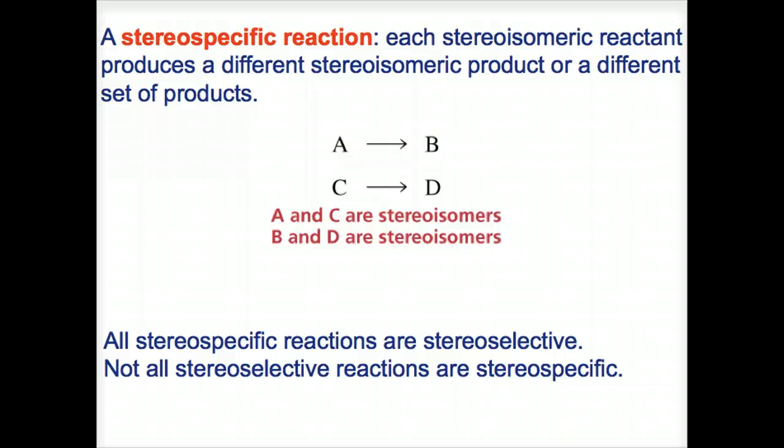A forming B, C forming D. A and C are stereoisomers, B and D are stereoisomers. All stereoselective reactions are not stereospecific because there are stereoselective reactions in which the reactant does not have a carbon-carbon double bond or an asymmetric carbon, so it cannot exist as stereoisomers.